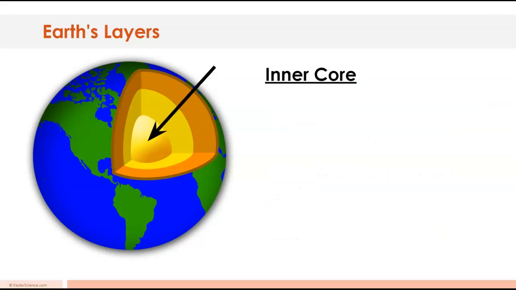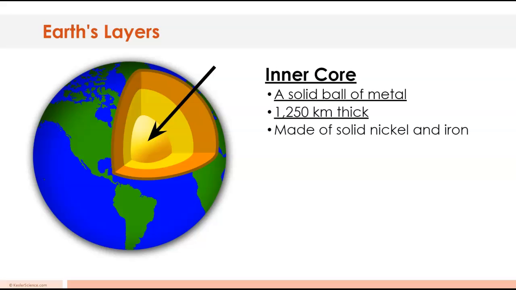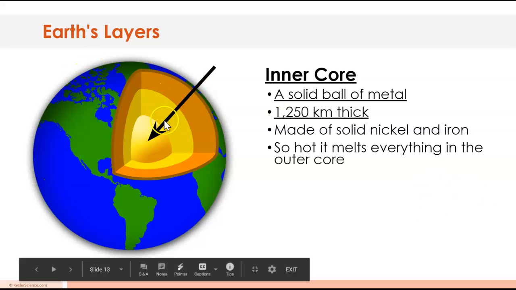All right, and our very last layer is the inner core. It is solid, which is really strange. Most people think it's liquid, but it is a solid ball of metal. It is about 1,200 kilometers thick, and it's made of solid nickel and iron. It's so hot, it's hotter than the surface of the sun. It melts everything in the outer core.